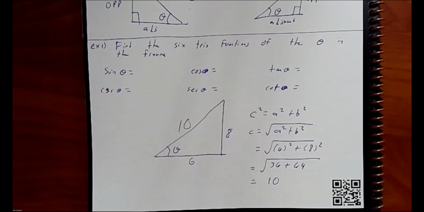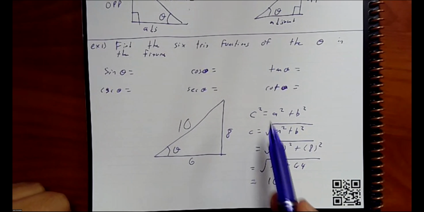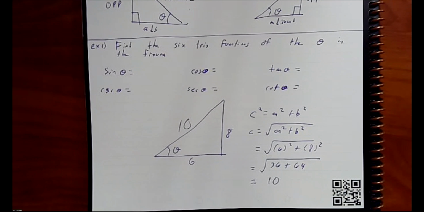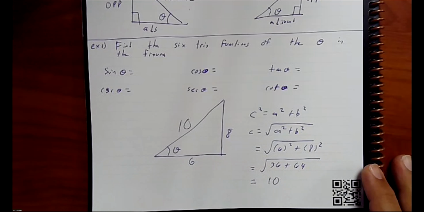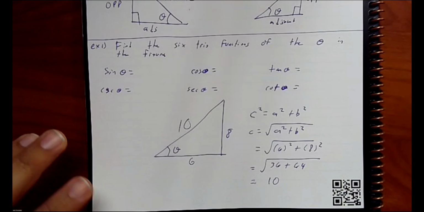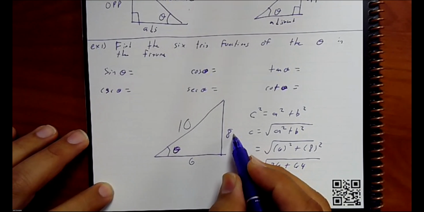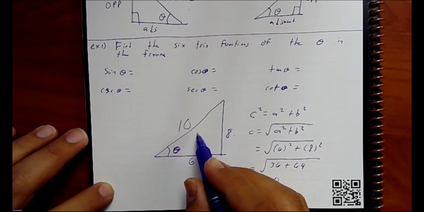All right. Once you have all three sides, just use the definitions, right? That we have up top. Sine theta is equal to opposite over hypotenuse. So if theta is here, opposite's there, hypotenuse is here.